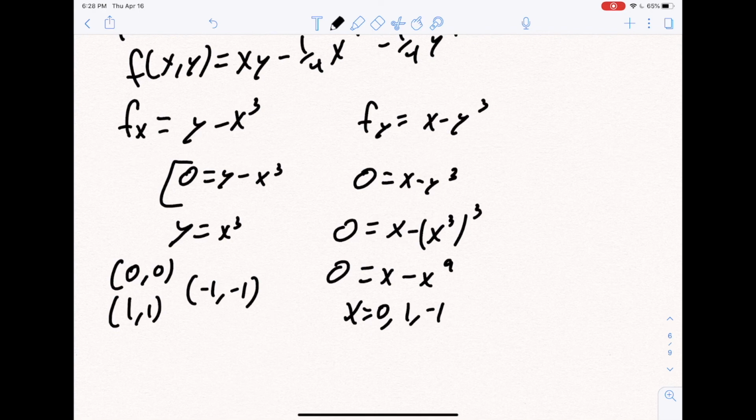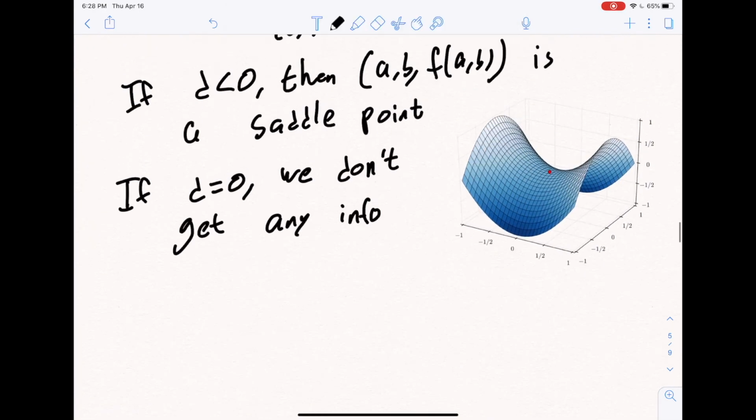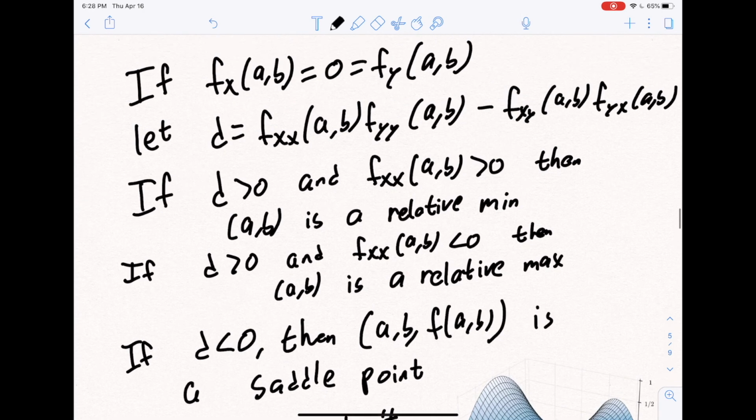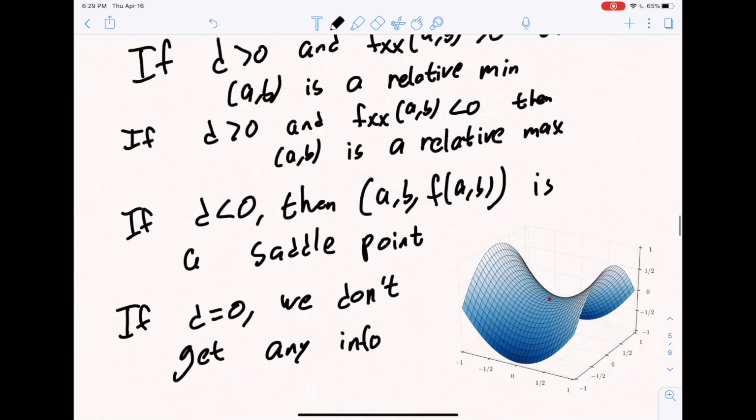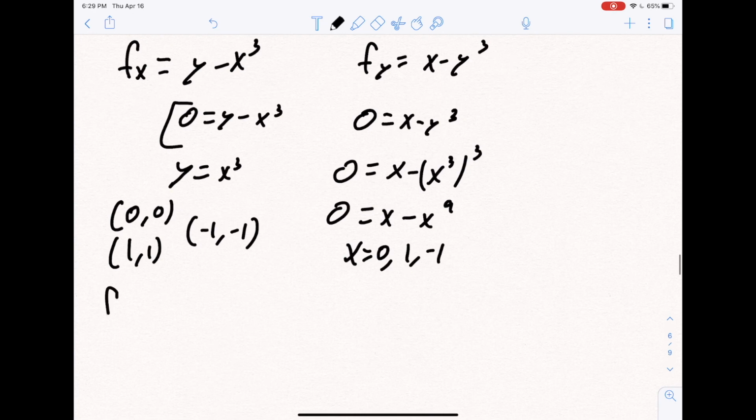So now we need to calculate that value D. Let's remember what D is. D is fxx(a, b) times fyy(a, b) minus fxy(a, b) times fyx(a, b). So let's calculate that. First things first, we need to calculate fxx. So fx is right over here. It's y minus x cubed.